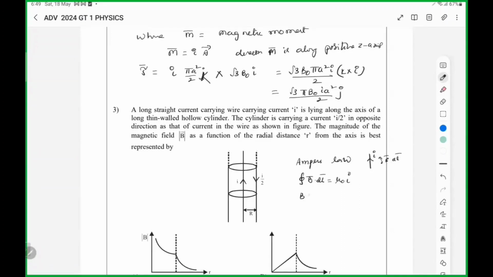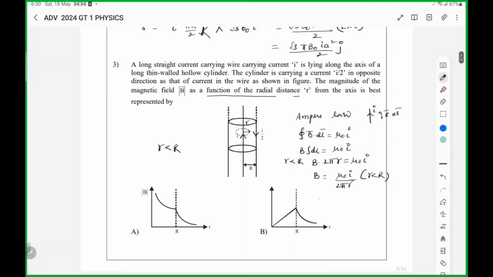So B times integral dl is mu naught I. Using this Ampere's law, we are asked for the magnetic field as a function of radial distance. Suppose you take a point here. Take the closed loop that has radius r, where r is less than R. Then integral dl becomes 2 pi r, which equals mu naught I. B will be mu naught I by 2 pi r for r less than R.